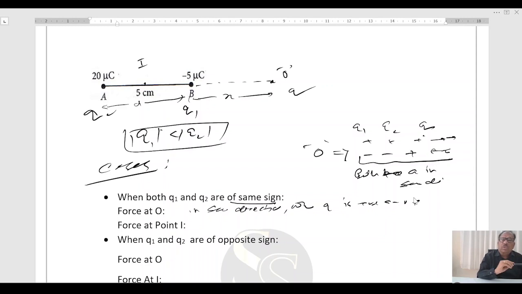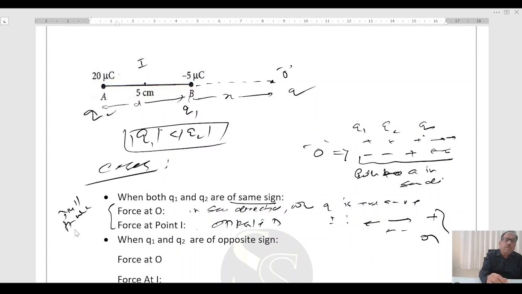Now for the force at I, the inside point: it will be repulsive, repulsive for positive, and attractive, attractive for negative, which are opposite directions. Opposite directions means the null point will be in between.